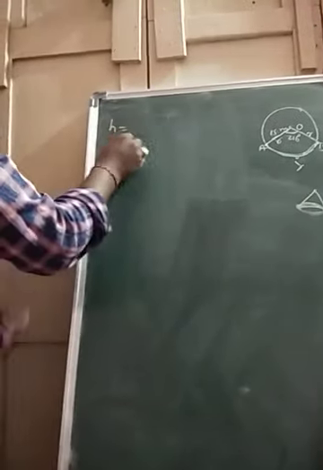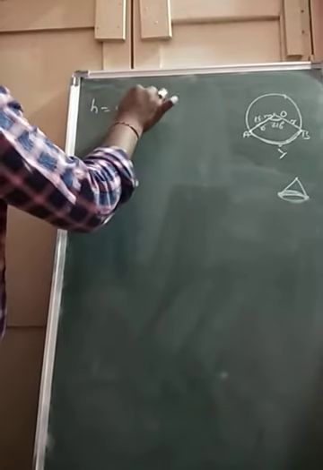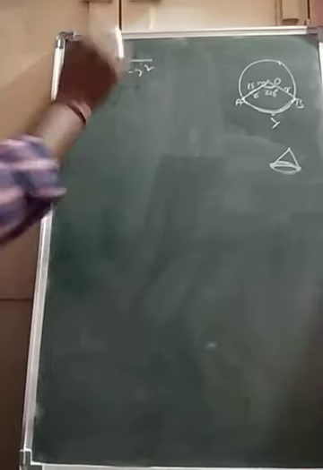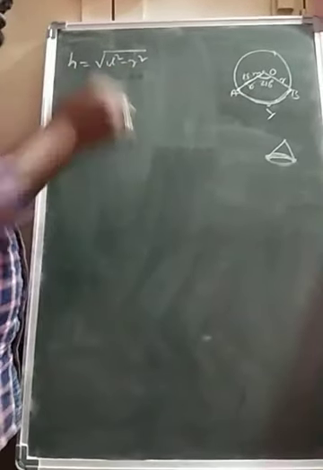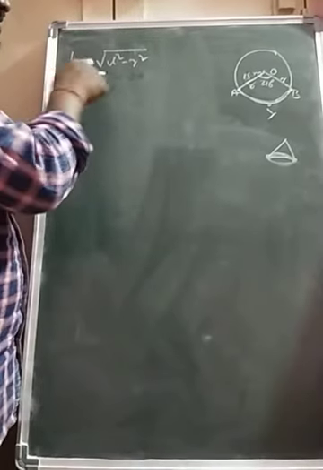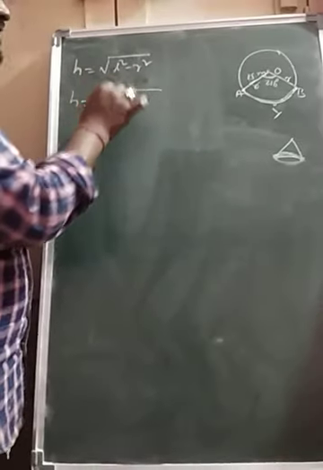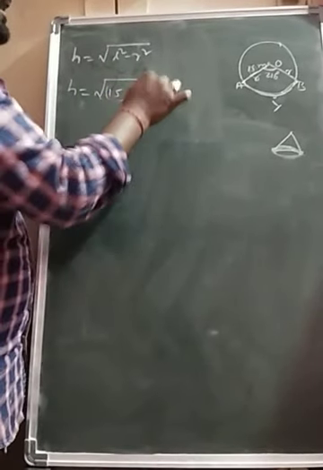Height is equal to what? Under root of L square minus R square. This is the formula. When we know the slant height and the radius of a cone, how to find the height? Height is equal to under root of L square minus R square. L square means 15 whole square, minus R square means 9 whole square.